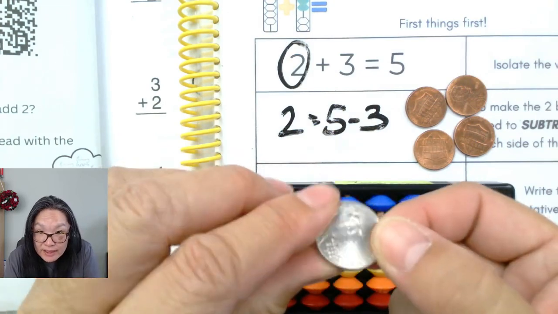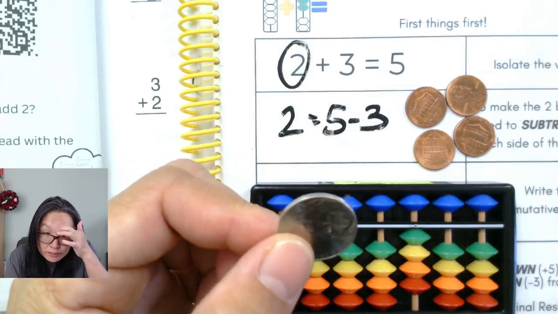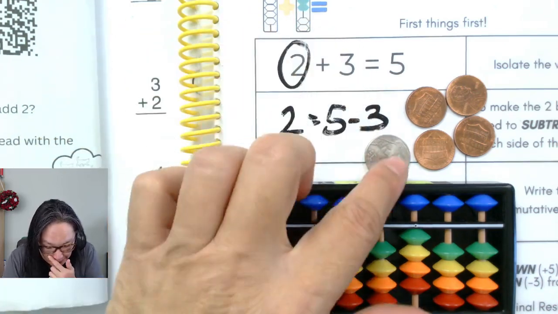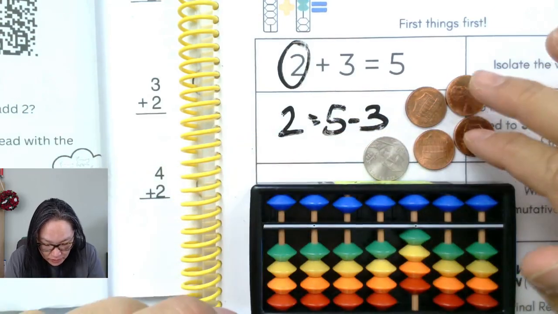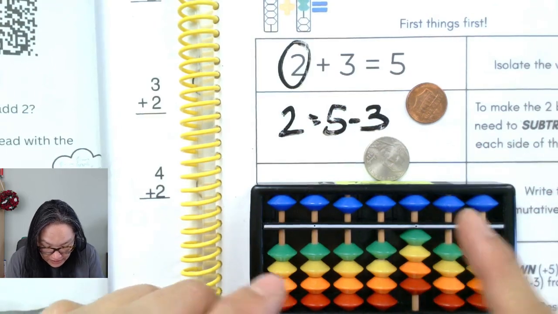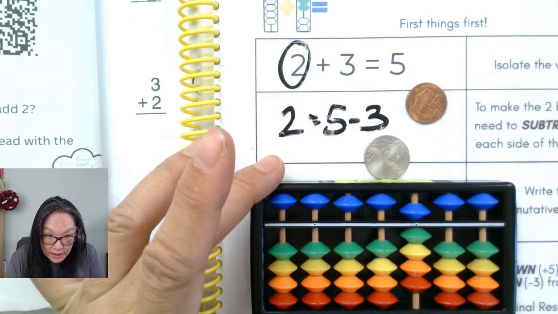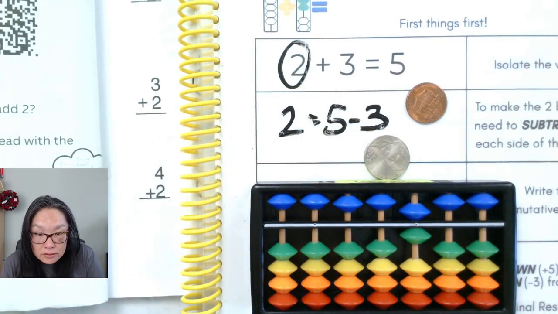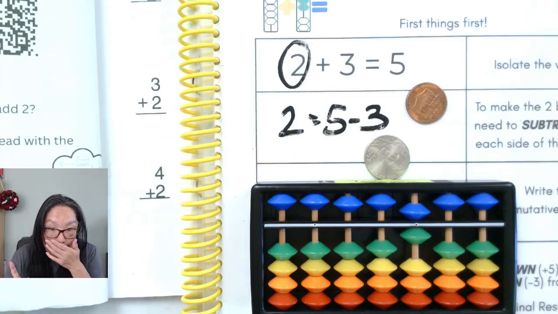I'm going to give you my nickel. My nickel is too much, but I need to minus the 3. 1, 2. So my final answer is 6. I give you my nickel, and I take away 3. Does that make sense, Marvin?